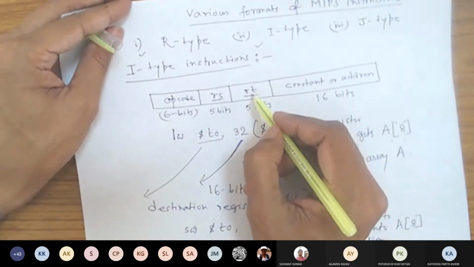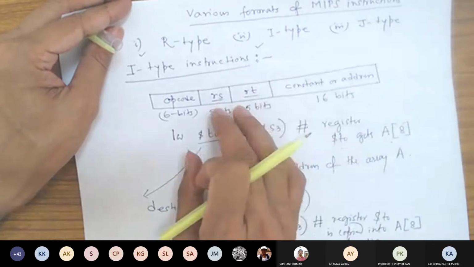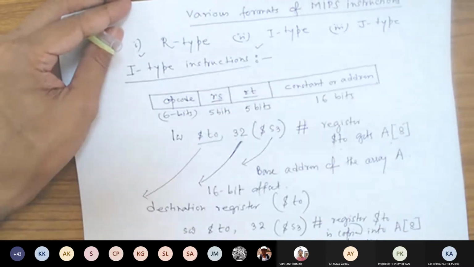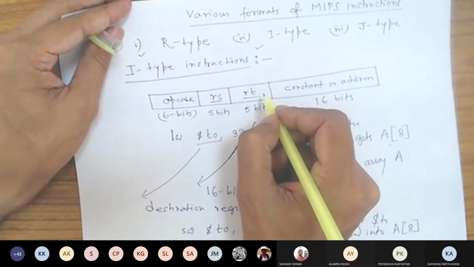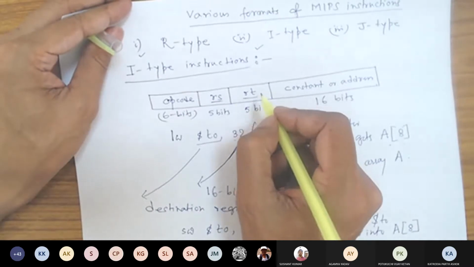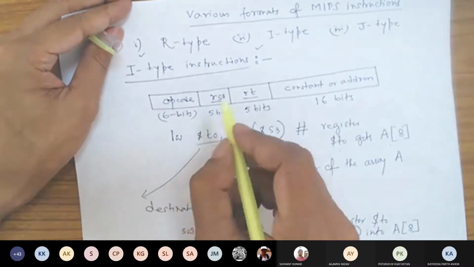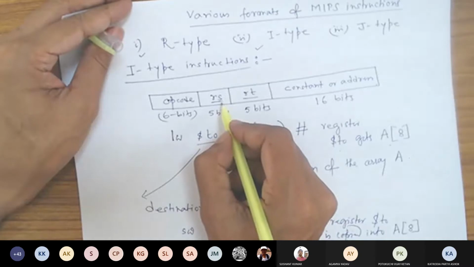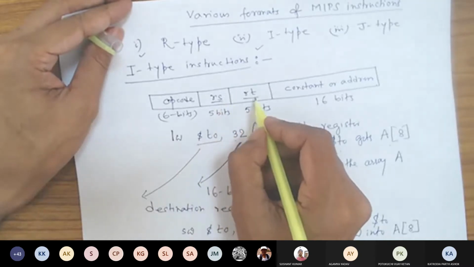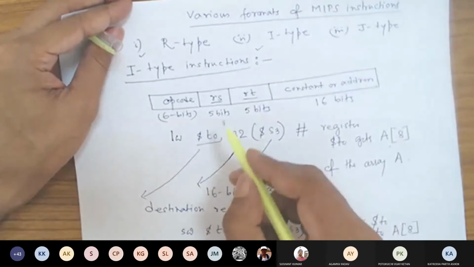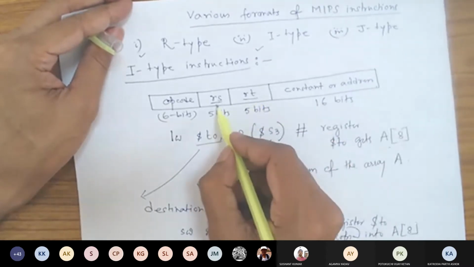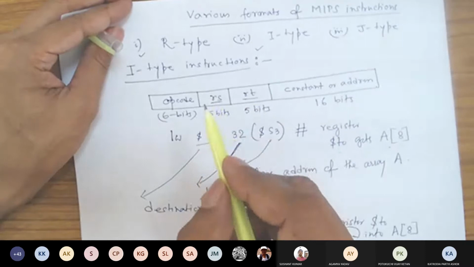One will be used for getting the address, one will be used for getting the value. So don't go by the names RS and RT. If it is load, one of them will be the destination and one will be used as the base address. In case of store, one will be used as the base address and one will be used as the source of the data.